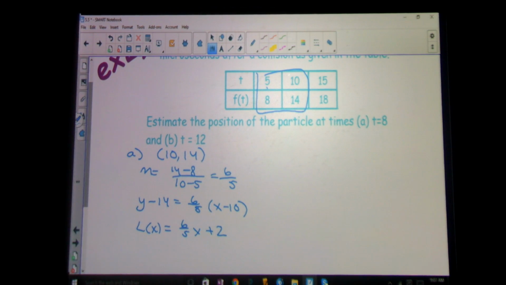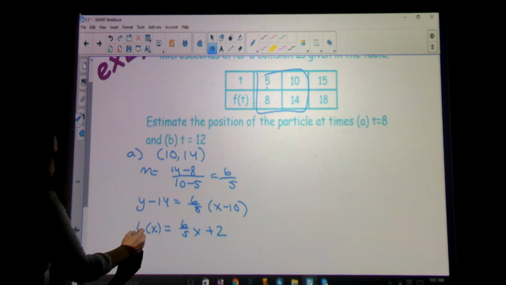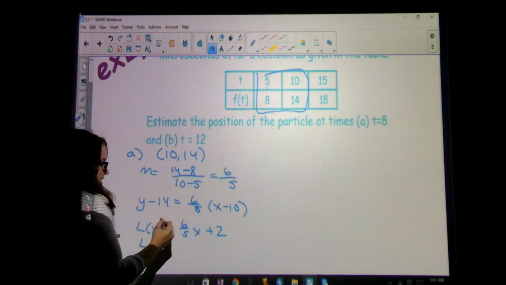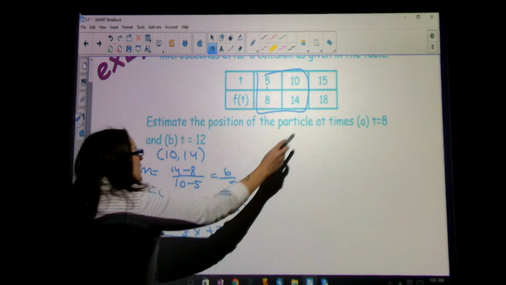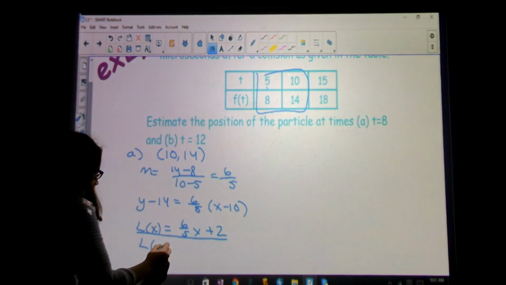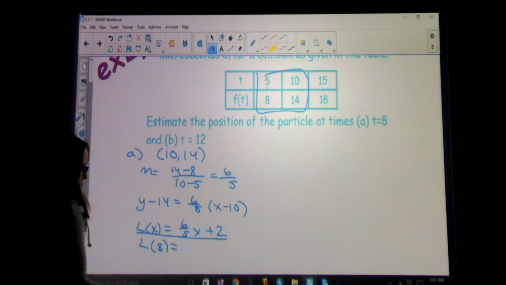Hopefully that's correct. So 5, 2, yeah. Okay. So now you're going to plug in 8. So here's my linearization. Now plug in 8. L of 8 is, I'm going to go ahead and plug that in. 6/5 times 8 plus 2.